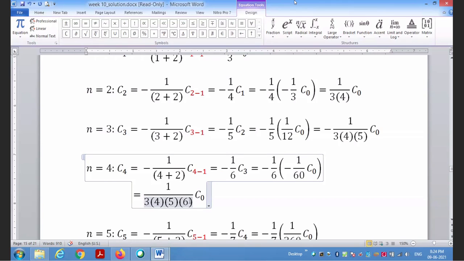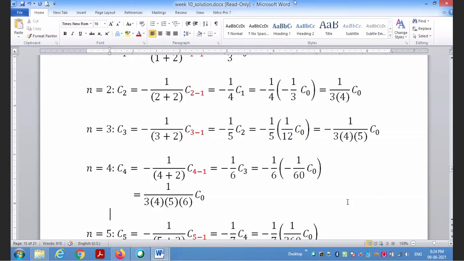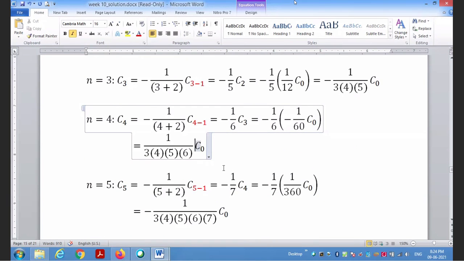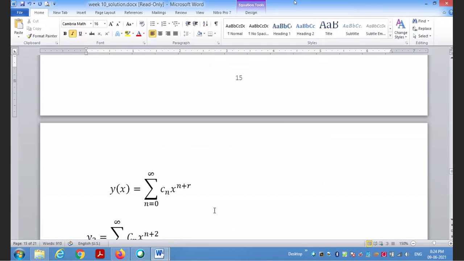Before this, I didn't write it like this, so it's hard to get the general form. Thank you to Li Ting, because she asked me this question. So try as much as possible to express in general terms. When n equal to 5, C5 equal to minus 1 over 3 times 4 times 5 times 6 times 7, right?